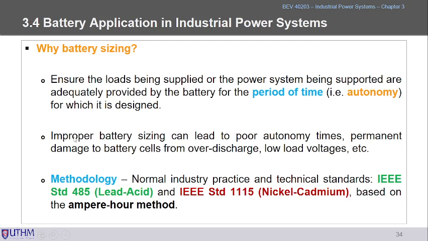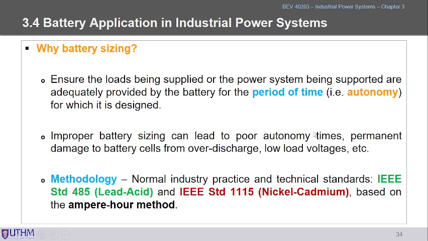And you can look here, if we don't have the battery sizing properly, then it will lead to some problems. For example, here you have poor autonomy time. I mean, if we set for 5 hours, it might only run for about 2 or 3 hours. And it is not according to our autonomy time, because we need this autonomy time to back up our data.